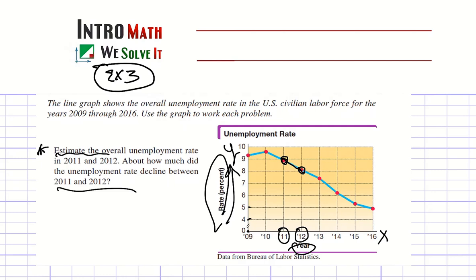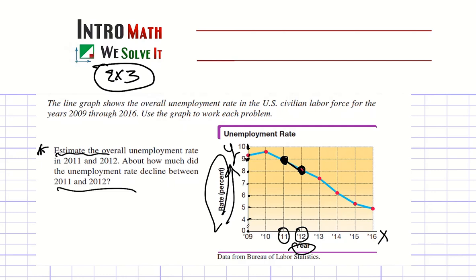That means each block is 1. 5, 6, 7, 8, 9. So each block is a space of 1. From here to here is 1. So if you look at between 2011 and 2012, basically it went down 1% or 1 block. You see that, right? It went down 1 block, you see?